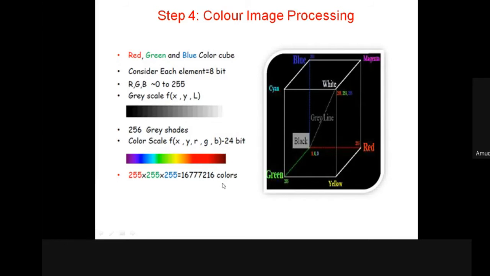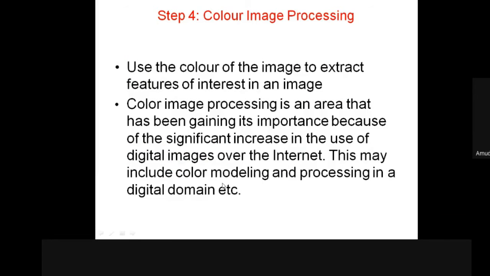Okay. So what is the use of color image processing? With the help of the color of the image, we can extract features of interest in an image. For example, if you see the MRI of a brain tumor patient, the tumor will be in a different color than the normal brain.